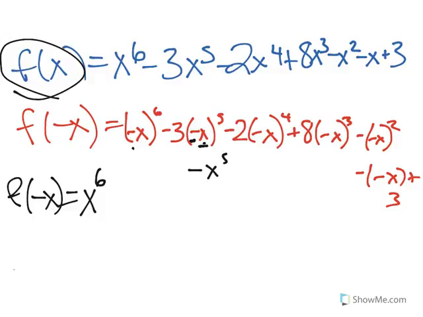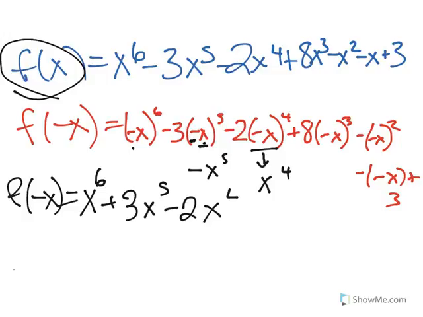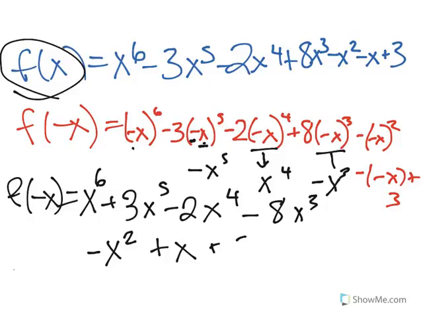And so negative x to the 5th times negative 3 is positive 3x to the 5. Here, remember, negative x to the 4th is just x to the 4th, and so negative 2x to the 4th. Here, this will be negative x to the 3rd, so minus 8x cubed, then minus x squared plus x plus 3.